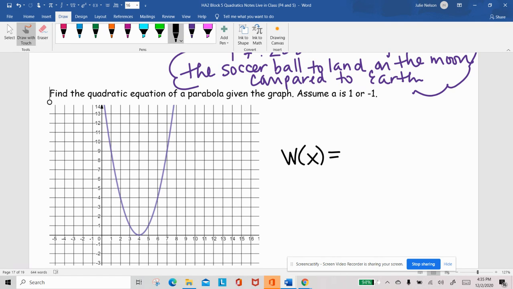I'm going to take a look here, and I notice that my vertex is right here at 4, 0. And I only have one vertex. It also happens to be my x-intercept, right?